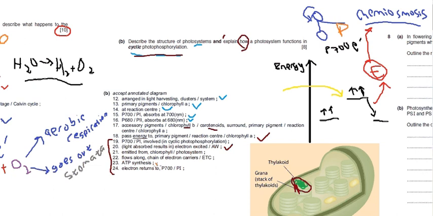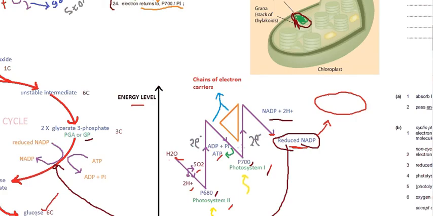ATP synthesis. Electron returns to P700. This is the thing which you should understand here, and that's what happens. You can see what happened here. The electron gained energy, cyclic, and then moved back to the original position.